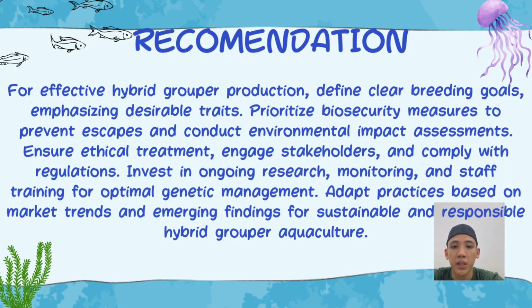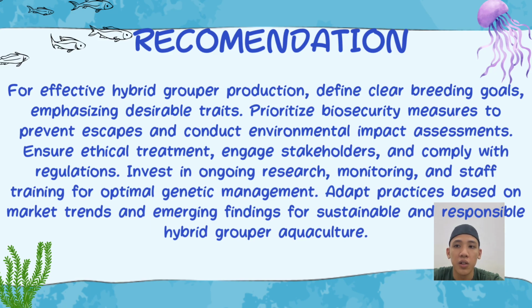So for the recommendation, there are many methods that we can use to have effective hybrid grouper production. These are define clear breeding goals, emphasizing desirable traits, prioritize biosecurity measures to prevent escape, conduct environmental impact assessment, ensure ethical treatment, engage stakeholders, and comply with regulation.